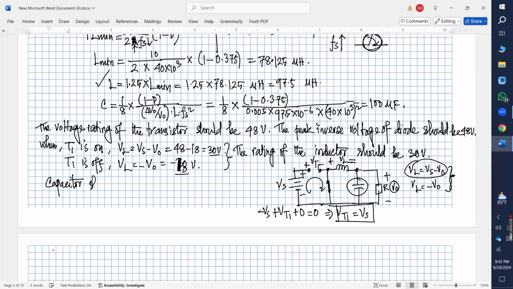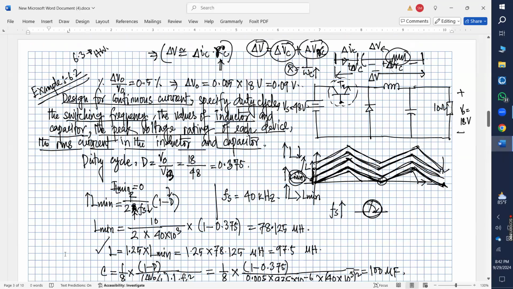Capacitor should have a rating of 18 volt. So this is our voltage rating. Okay. So how about the current rating?